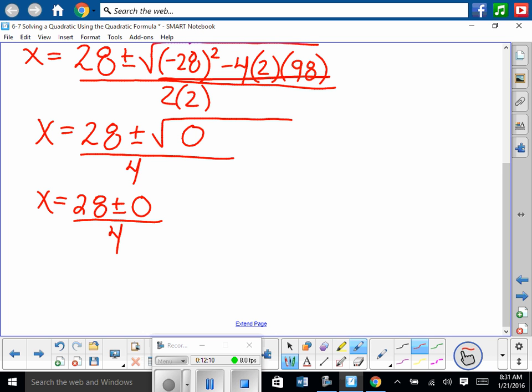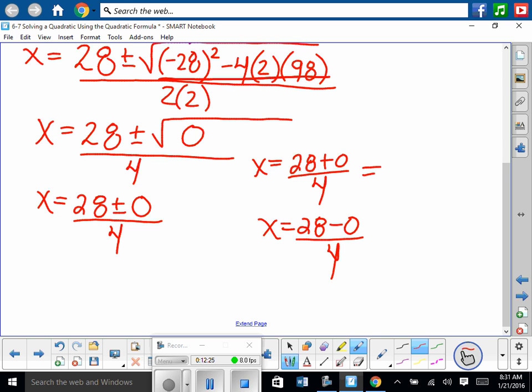Now we'll split it up. x is equal to 28 plus 0 over 4, and x is equal to 28 minus 0 over 4. So 28 plus 0 is just 28 over 4, and 28 minus 0 is just 28 over 4, which is 7. So we have x is equal to 7, x is equal to 7.